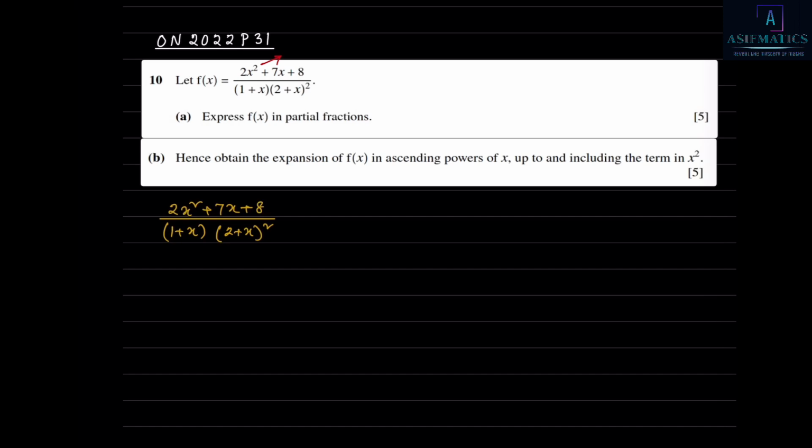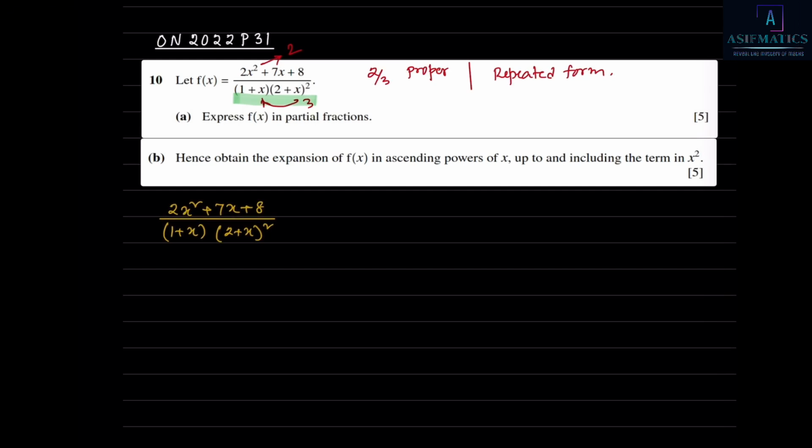The maximum power of x in the numerator is 2, and the maximum power of x in the denominator would be 3. So this is a 2 by 3 case, which is a proper fraction. Also, in the denominator, one factor is squared. That means this is a repeated form. We need to put the repeated form.